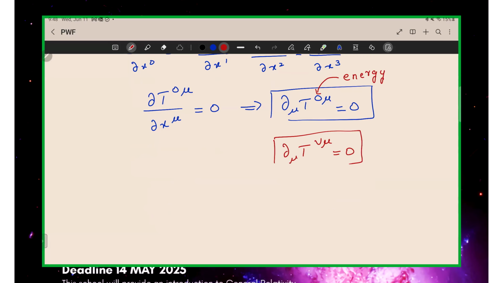And this equation is referred to as the continuity equation for T mu nu. It's also referred to as the conservation law of T mu nu because that's what this equation is doing, right? It's telling you that any energy coming into a region should come from its boundaries. That's like local conservation. Okay, this equation is actually very important when we go on to develop Einstein's field equations.